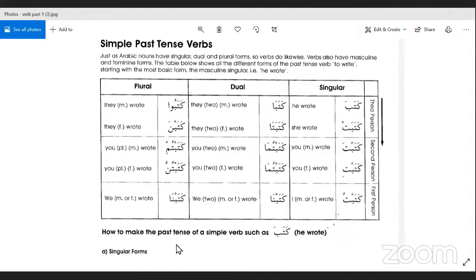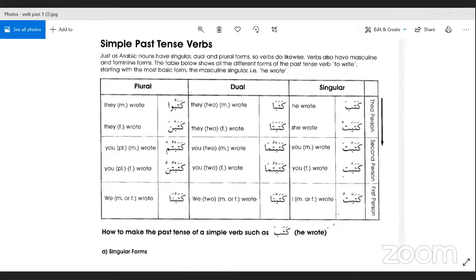Fataha, he opened. Fataha, they two opened. Fatahu, they opened. Fatahat, she opened. Fatahata, they two feminine opened.